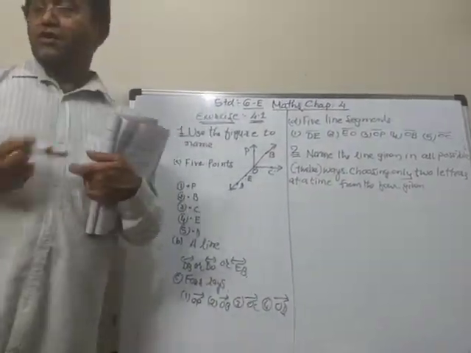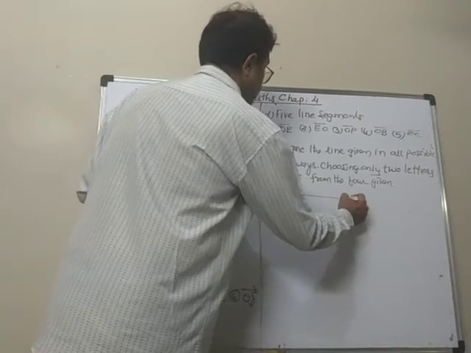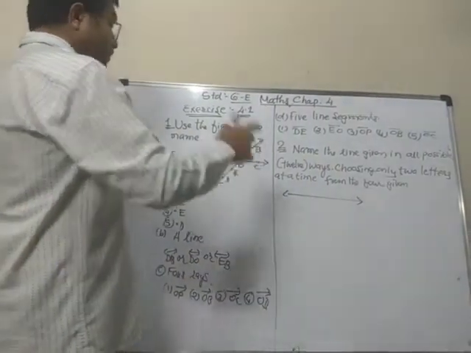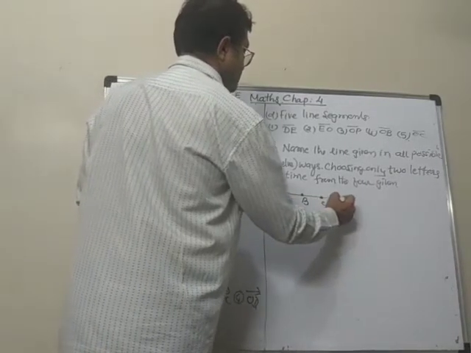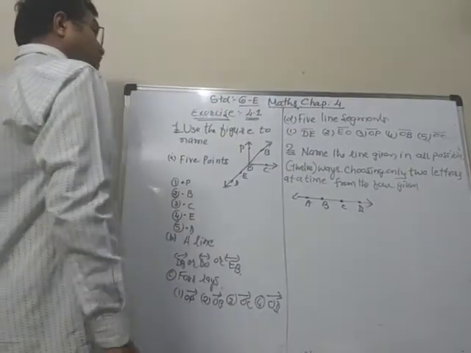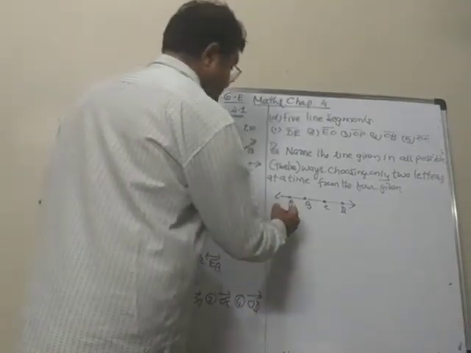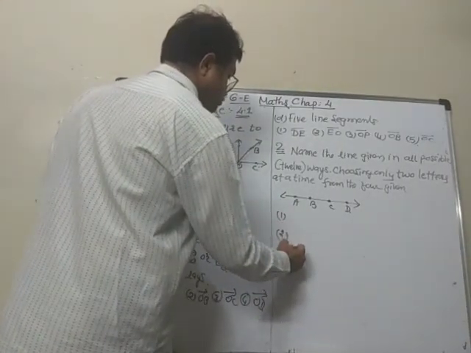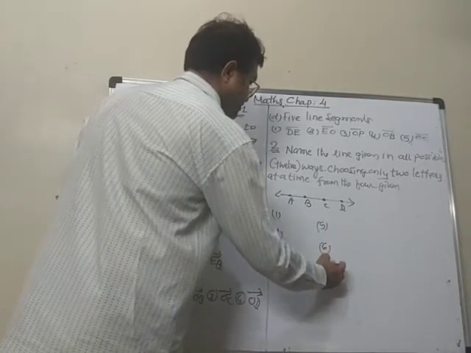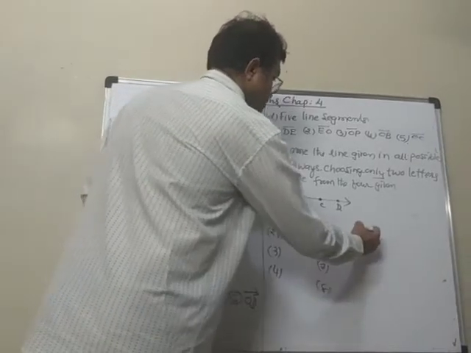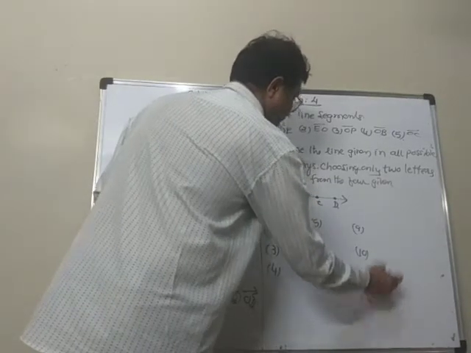So here on the figure, there are 4 points given: A, B, C and D. And we have to write down the line in all possible 12 ways. So we can write down first here 1, 2, 3, 4, 5, 6, 7, 8, 9, 10, 11 and 12 ways.